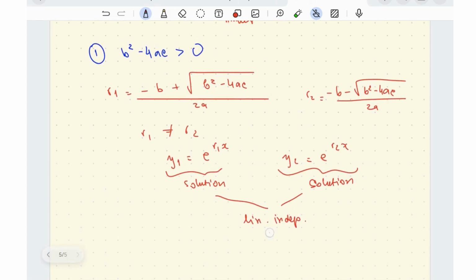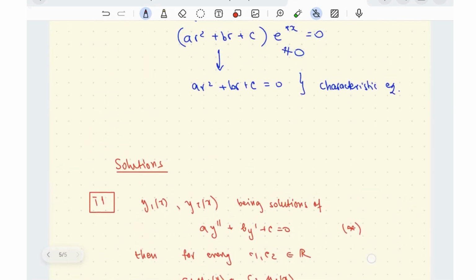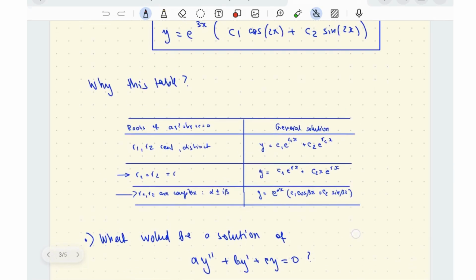And according to theorem 2, the general solution is c1 e to the power r1x plus c2 e to the power r2x. That is exactly what we have in our table as the first row. You see, this is what we have proven.